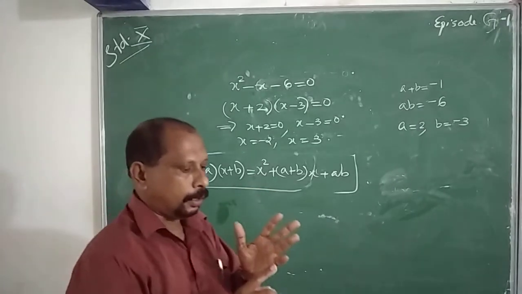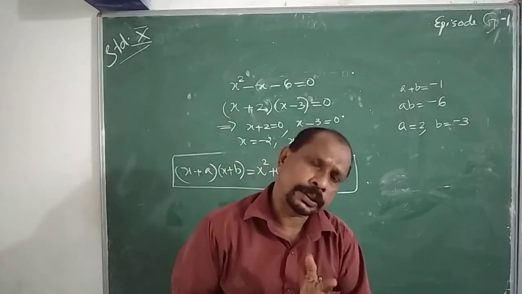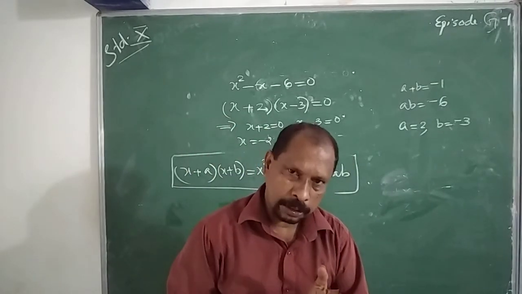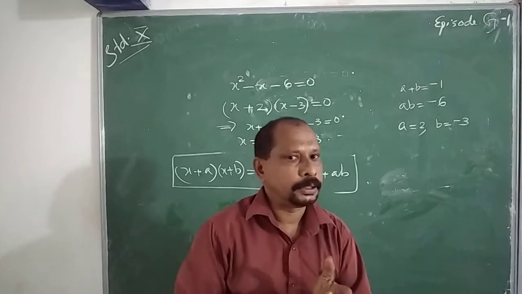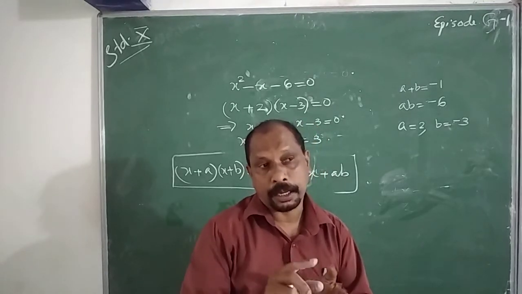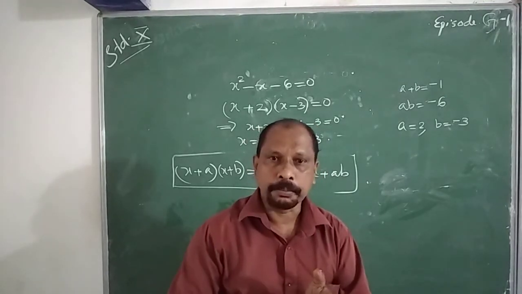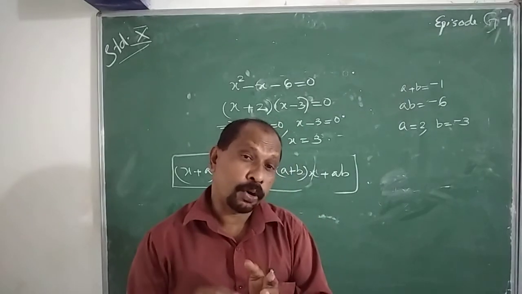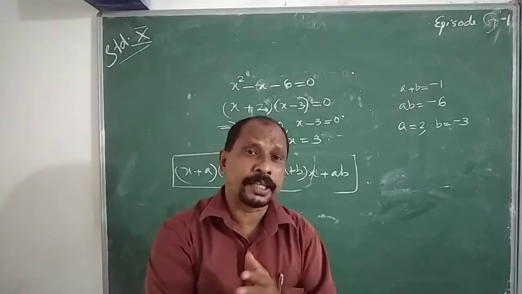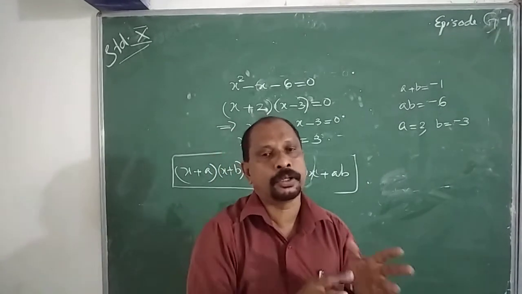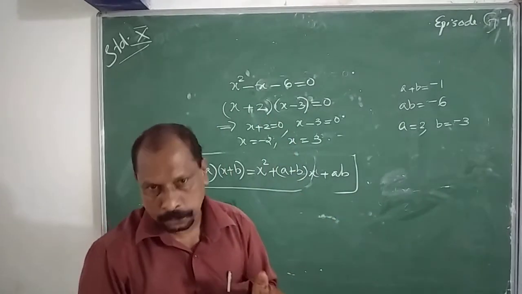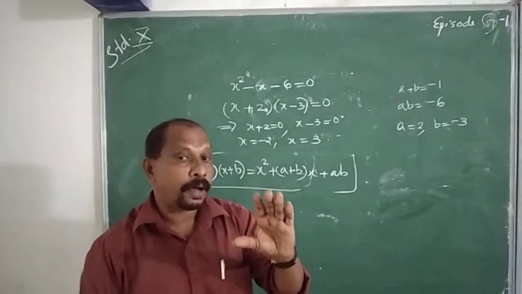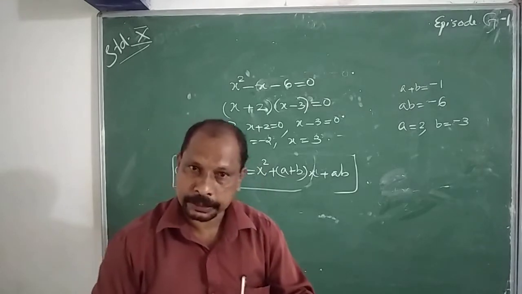Listen, the general form of a quadratic equation is what? ax square plus bx plus c is equal to 0, where x is a variable and a, b, c are constants. We know that if a is 0, that is not second degree, it is first degree. Therefore, a, b, c are constants and a is not 0. There are two values of that quadratic equation.